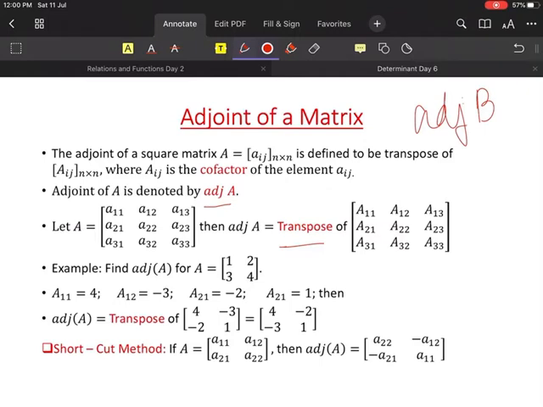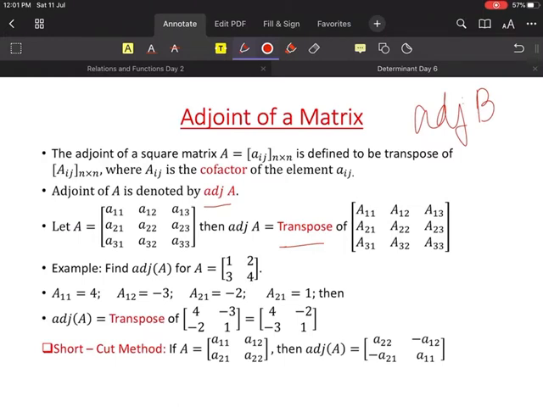Now let us see how to find adjoint of this matrix. This is what we are discussing, a 3 cross 3 matrix. I have given you an example for 2 cross 2 because the space is less. So if I have a matrix A which is 1, 2, 3, 4, I have to find the adjoint of it. My first step will be to find the cofactors.